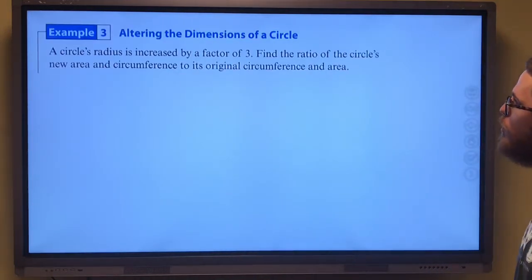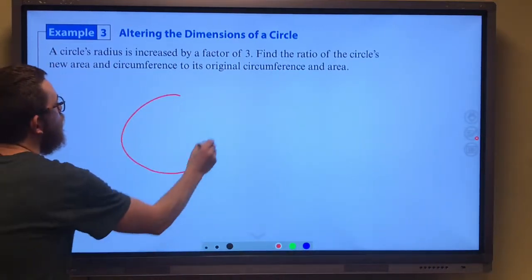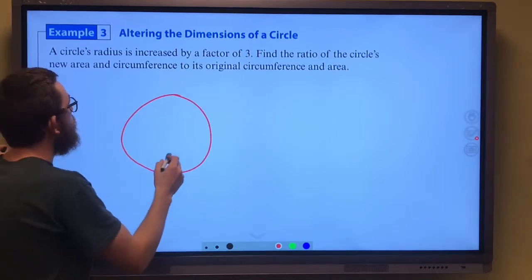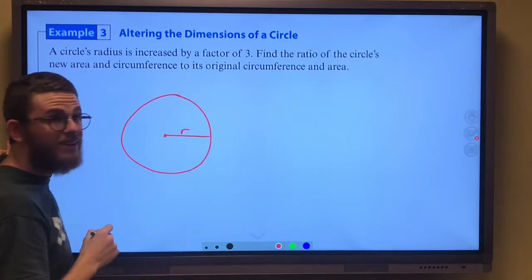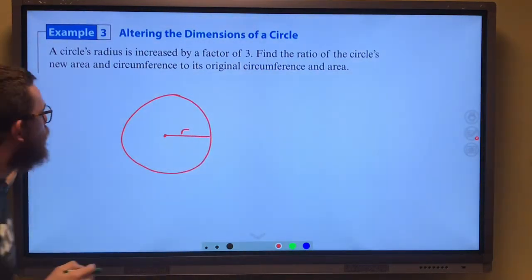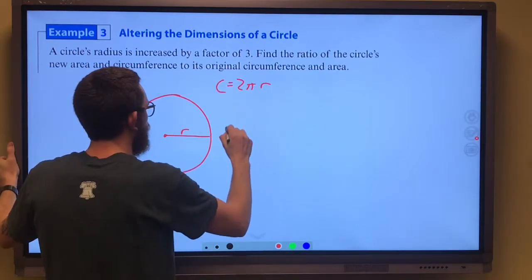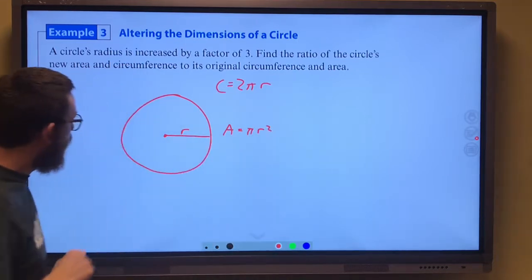All right, it says the circle's radius is increased by a factor of 3. Find the ratio of the circle's new area and circumference to the original circumference and area. Well, whatever our original radius is, we know the circumference would be 2 pi r. We know the area would be pi r squared.